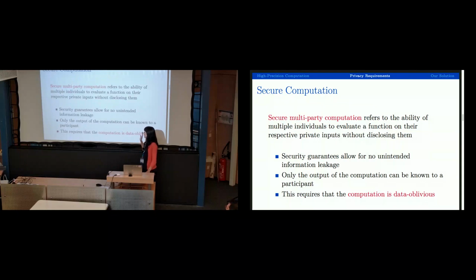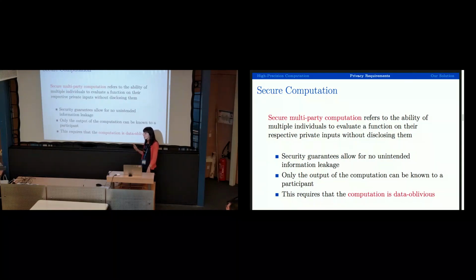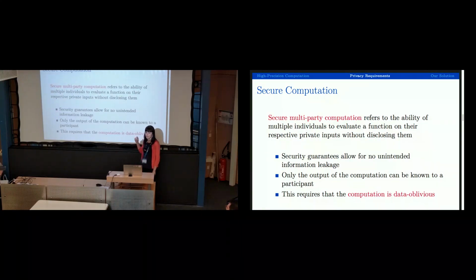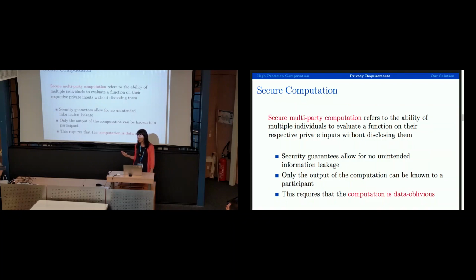I'm not necessarily going to introduce secure multi-party computation. That is what this session is about, and we understand that there's no information disclosure during the computation itself. But what I'd like to mention specifically is that the security requirements are such that the computation has to be data oblivious, so that we have a hope of maintaining data confidentiality guarantees.